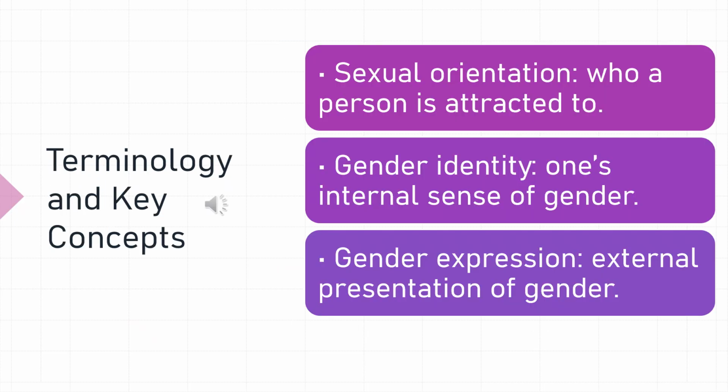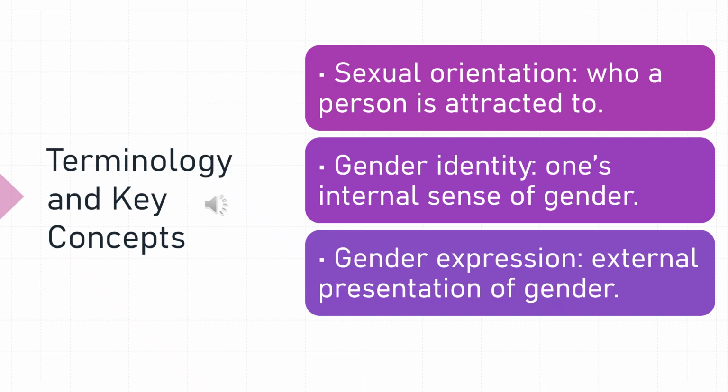So for our terminology and key concepts related to LGBTQ plus health, we're going to talk about a couple terms that are good to know. So sexual orientation refers to a person who is emotionally, romantically, or sexually attracted to a different person. So this is who an individual has an attraction to.